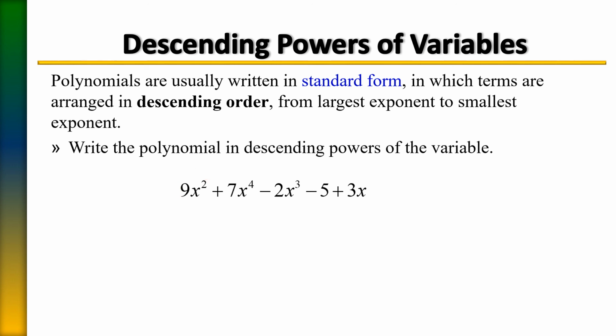Now I need the degree of 1, which will be plus 3x. And your constant, your number by itself, or your integer, should always be last when you're writing the terms in descending order. And there you have it. Now the polynomial is written in its correct standard form.